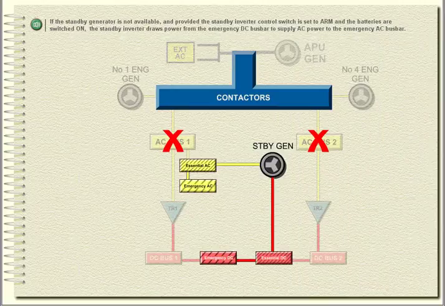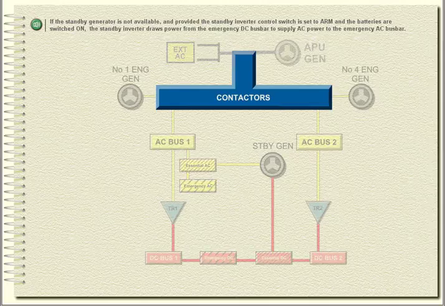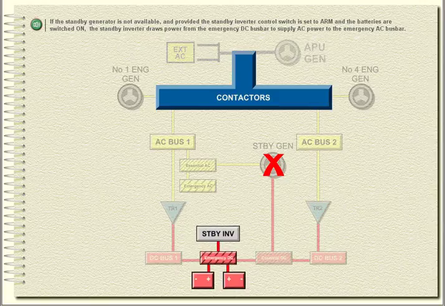If the standby generator is not available, and provided the standby inverter control switch is set to arm and the batteries are switched on, the standby inverter draws power from the emergency DC busbar to supply AC power to the emergency AC busbar.